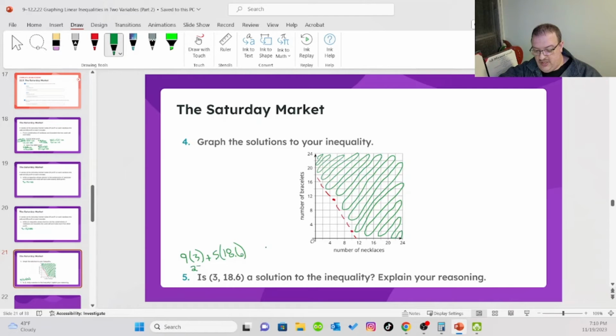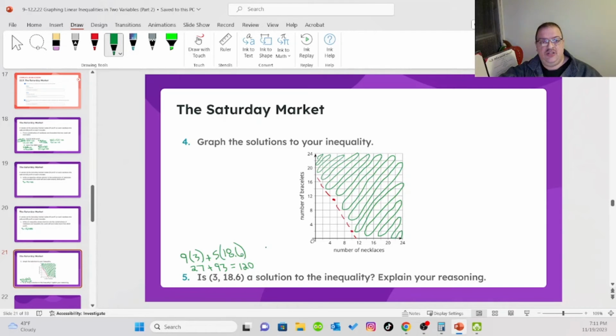That would be 27 plus 93, which equals $120. So mathematically, that would be a solution because it's more than $100.